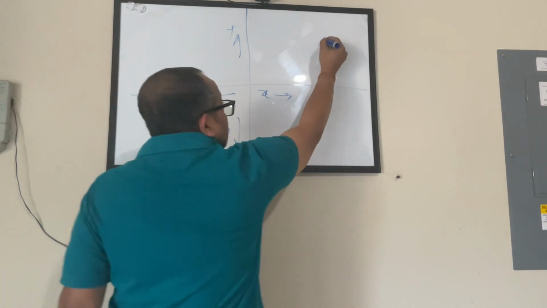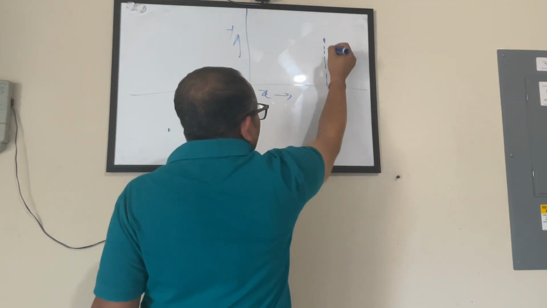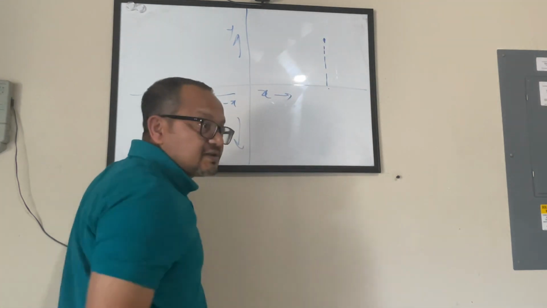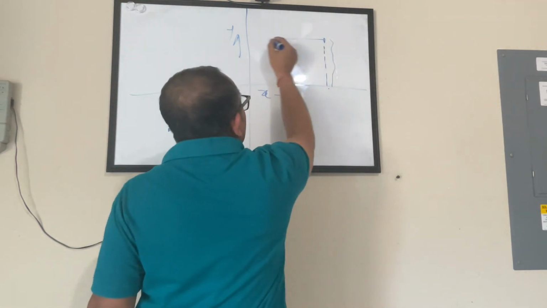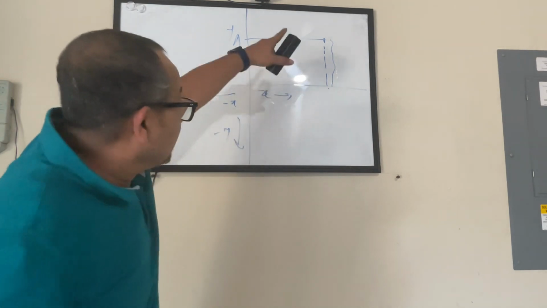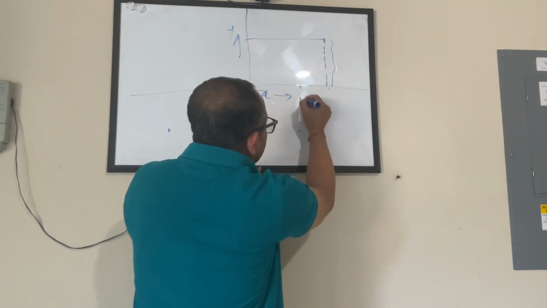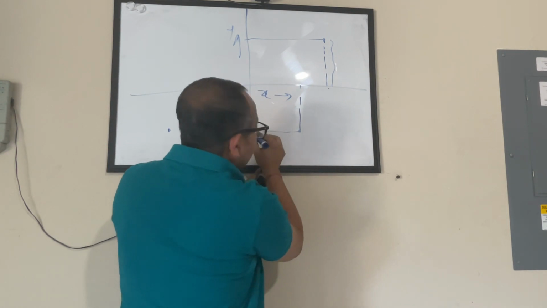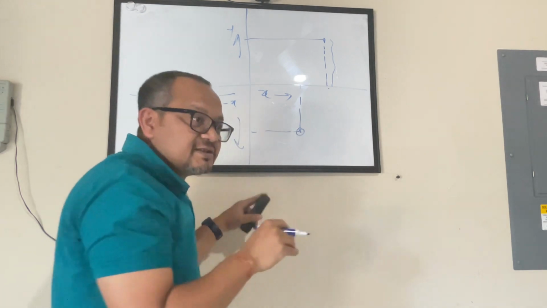Now, if you have to look at this point, what you will do, okay, how far is this point from the x-axis and from the y-axis? So, this is one distance, this is another distance. That helps you locate this point. If I try locating this point, what I will do, okay, how far is this from the x-axis, how far it is from the y-axis? It helps you locate this point exactly where it is.